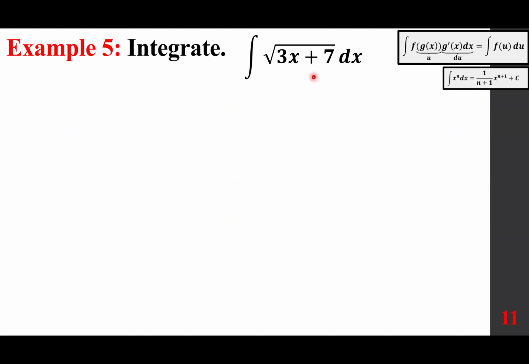Okay. The choice of u would be the polynomial 3x plus 7. We know the derivative is 3. Therefore, du is 3 dx.